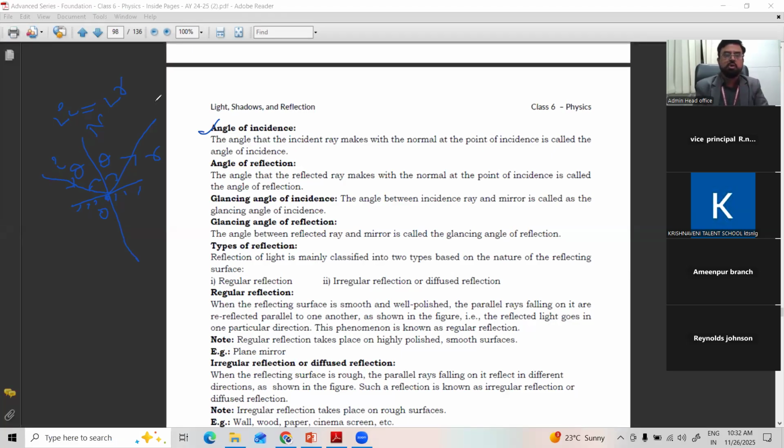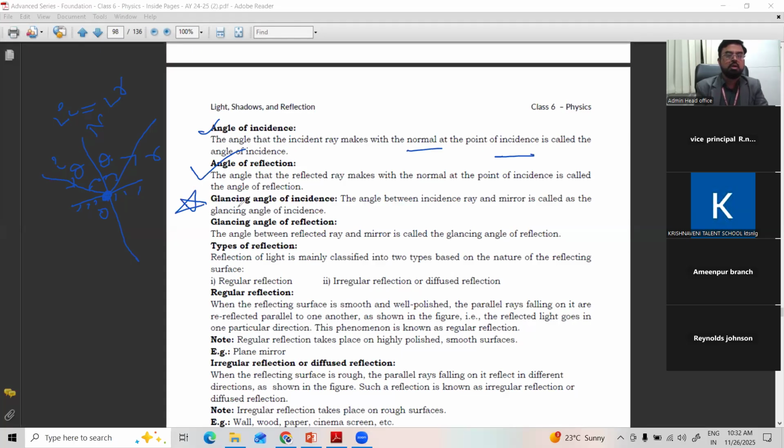So the angle that the incident ray makes with the normal at the point of incident is called the angle of incident. Similarly, the angle of reflection is the angle the reflected ray makes with the normal, theta, while reflecting after hitting the point of incident.